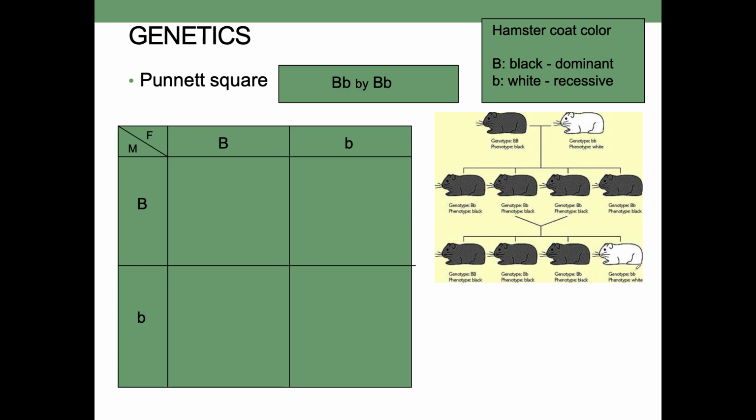We can then cross individuals from this F1 generation. And again, all of those individuals have the same genotype. They're all heterozygous. So take a second to think about and write down the possible genotypes and the possible phenotypes for this cross. And I'll give you a few seconds to do that.